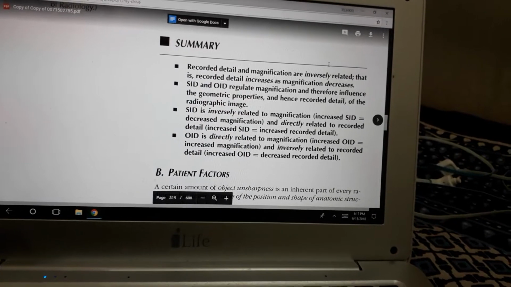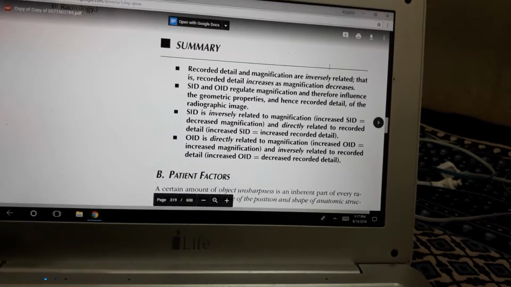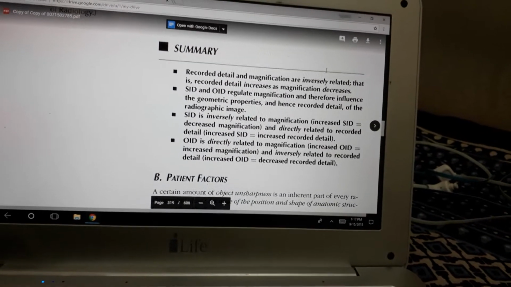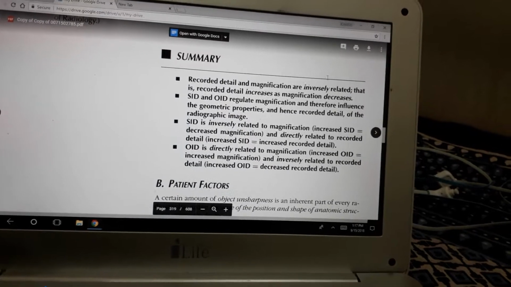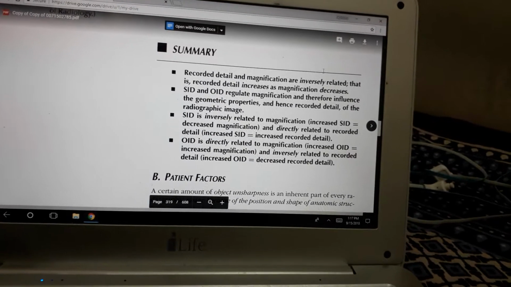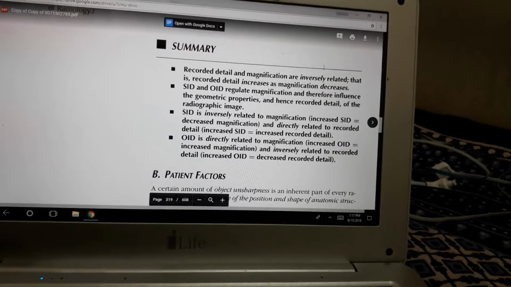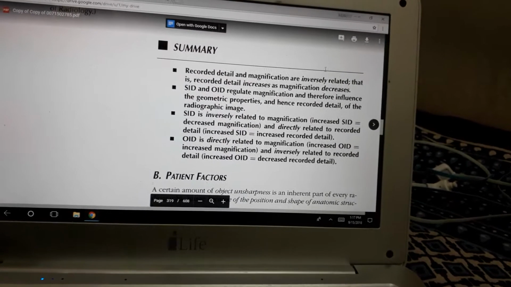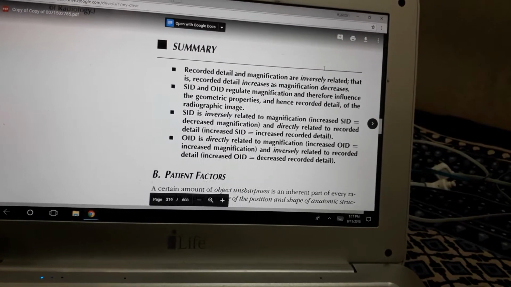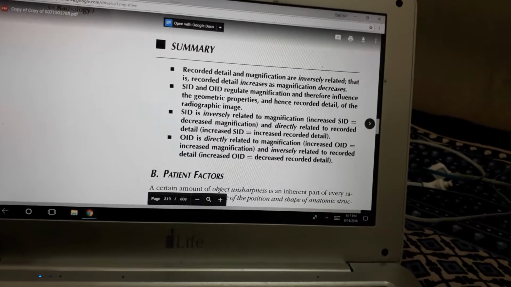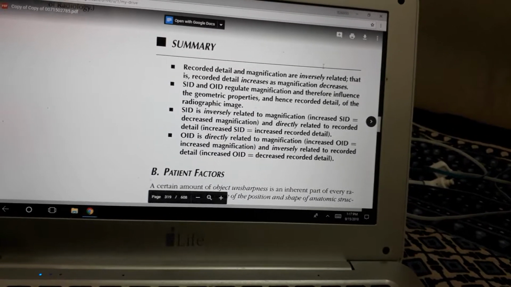SID and OID regulate magnification, therefore they influence the geometrical property, hence record detail, of the photographic image. SID is inversely related to magnification: increase SID, decrease magnification, and it is directly related to record detail. Increase SID, increase record detail.